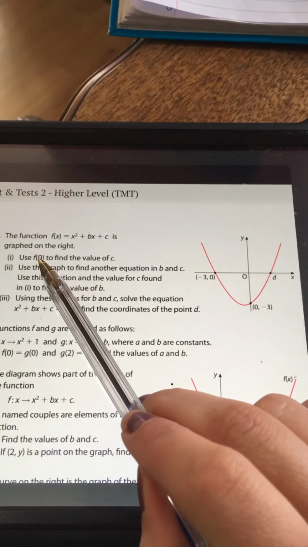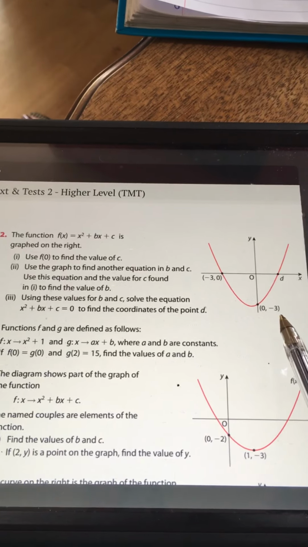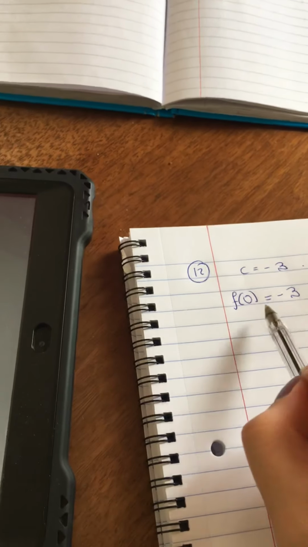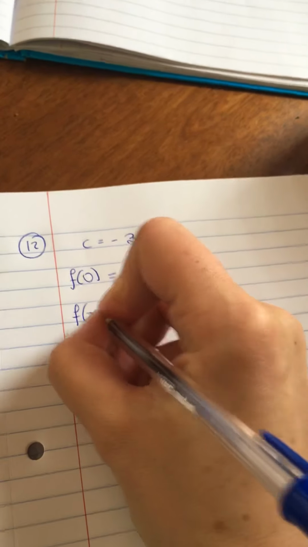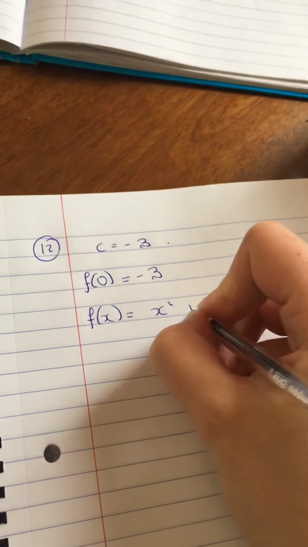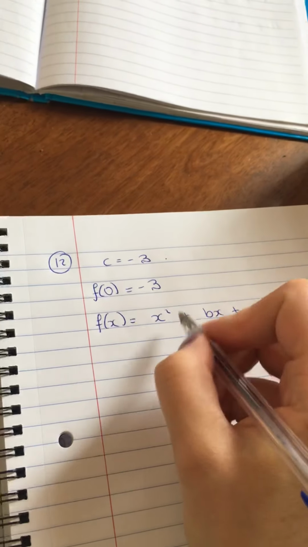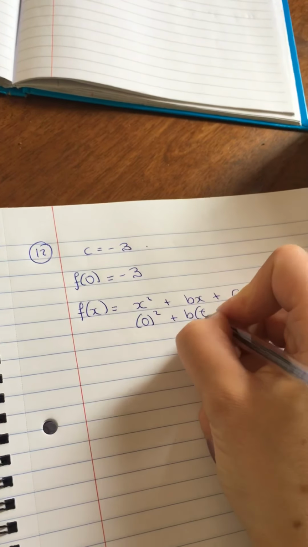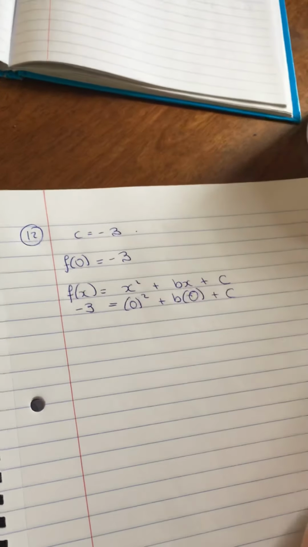So use f of 0, that means when x is 0, we can see here that y is -3. So I can write that as f of 0 is -3, and then I can sub in x as 0. We had f of x equals x squared plus bx plus c, and we can sub in 0 for x, and we know the answer to that is -3.